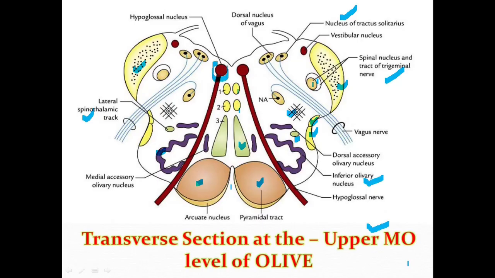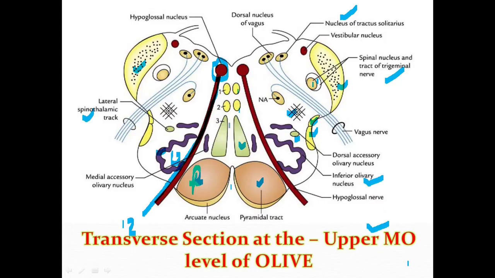hypoglossal nerve nucleus is behind, and then the nerve is emerging out at the junction between pyramid and the olive. The 12th cranial nerve has now emerged outside, the same external feature and internal feature.